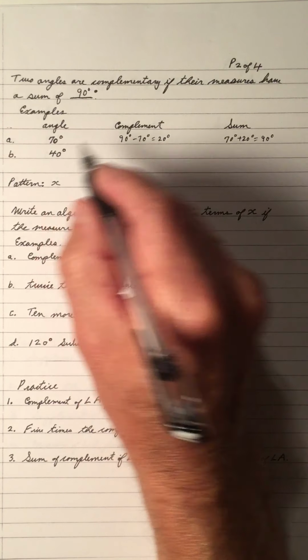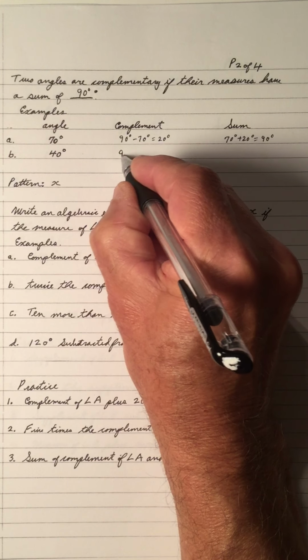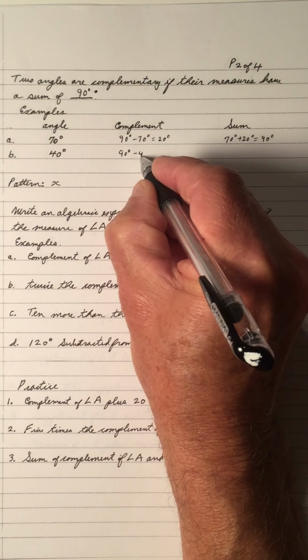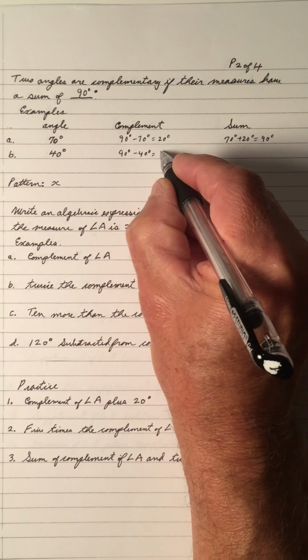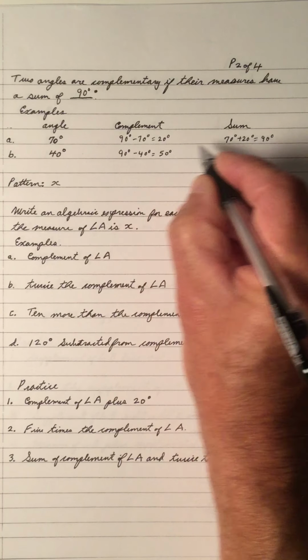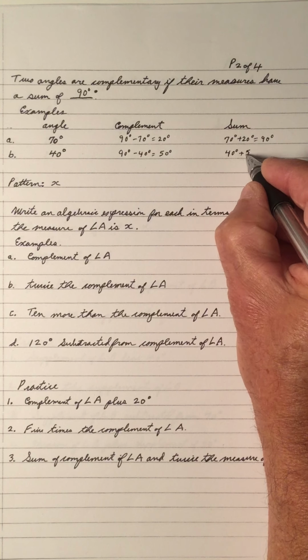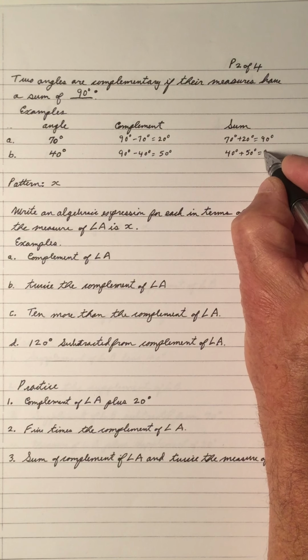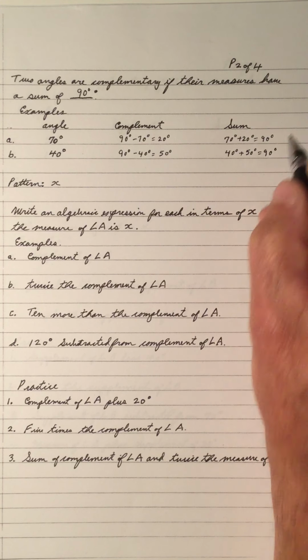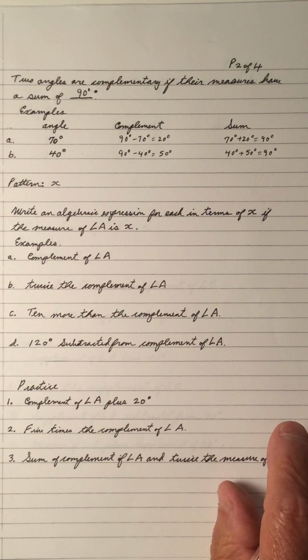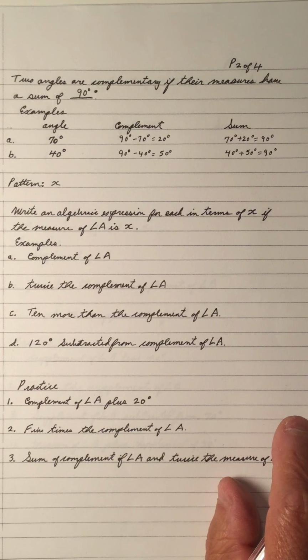If an angle has a measure of 40, then its complement is 90 minus 40, which is 50 degrees. And the sum, 40 degrees added to its complement of 50, adds up to 90. Remember, two angles are complementary if their measures add up to 90.